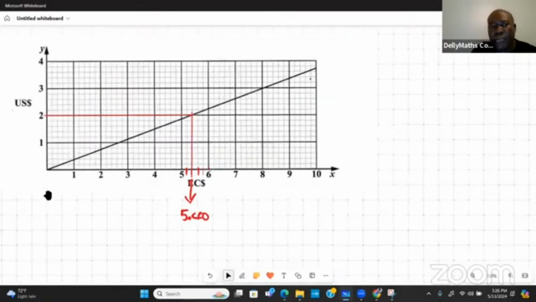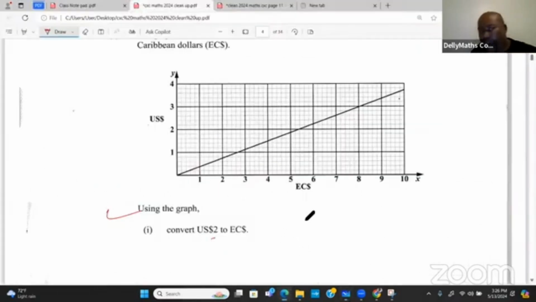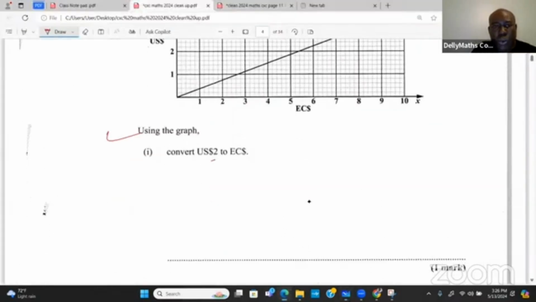And when they said use the graph, you want to show these lines. You have to show these lines on your graph in order to do that. So we've got $5.40. That's where it came out right there. All right, let us jump onto the other question.